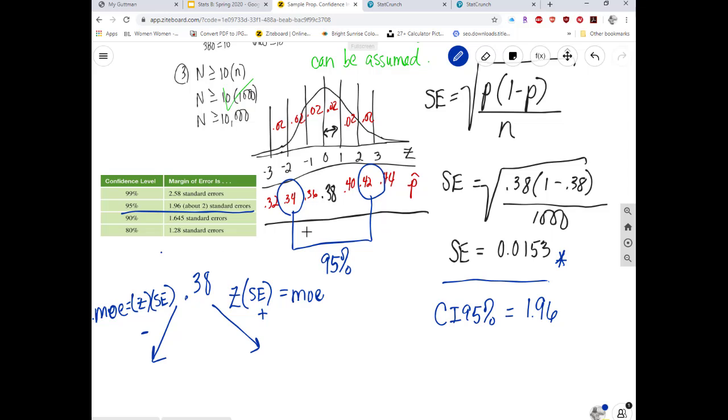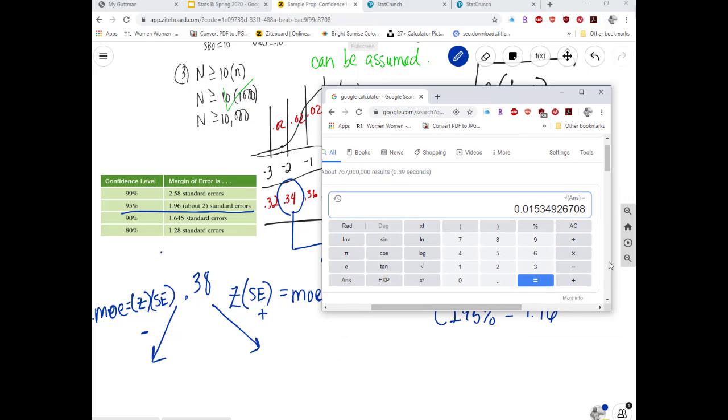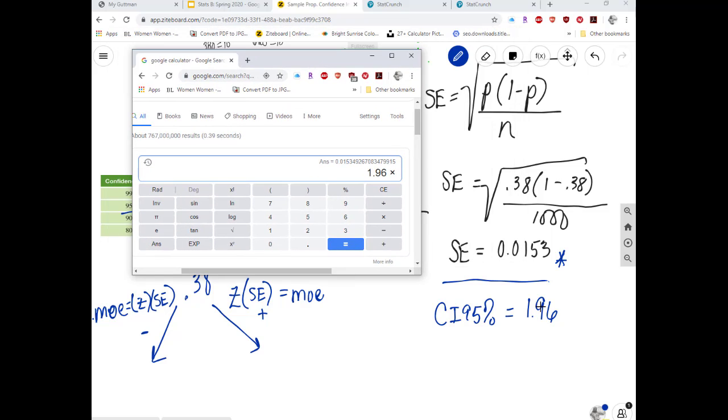So let's figure out what the z-score times the standard error is so that I have my margin of error. Here's my calculator. Okay, I'm going to go ahead and clear this out. My z-score is 1.96, and I'm going to multiply it by my standard error, which is right here, 0.0153.